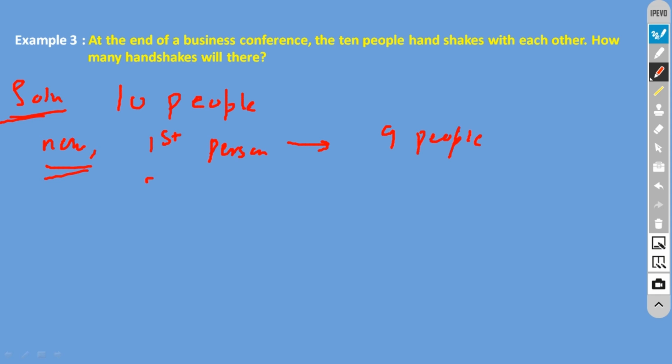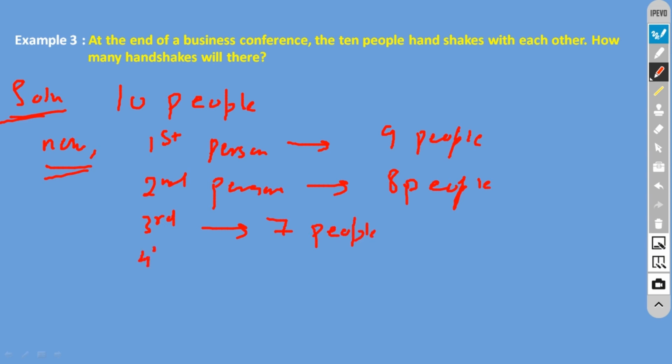Then the second person will shake hands with 8 people because he is already done with the first person. Third will do with 7 people. Fourth with 6.